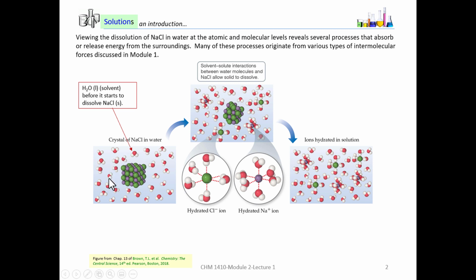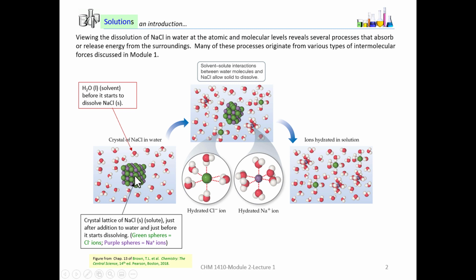So these are individual water molecules minding their own business before they have to start dissolving sodium chloride. And this cube here is actually representative of a crystal of sodium chloride right after it falls into the water. So there's no dissolving taking place yet. It's just been thrown in the water.